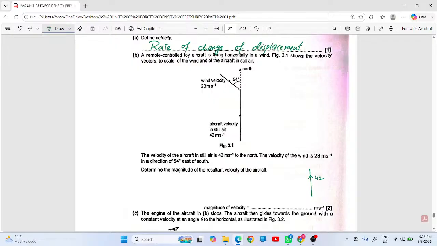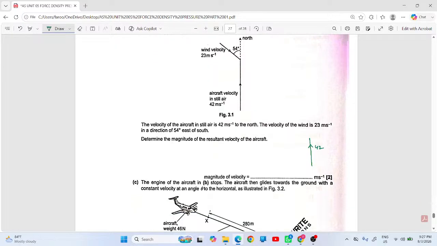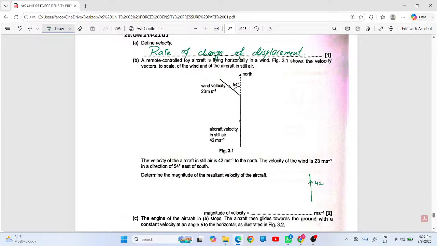Here we do it like this. Angle is always measured between the tails. So we place its tail here. Let me write this 42 down here. This one is 42.